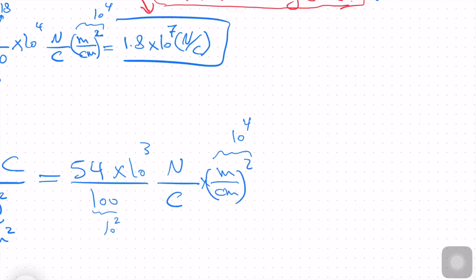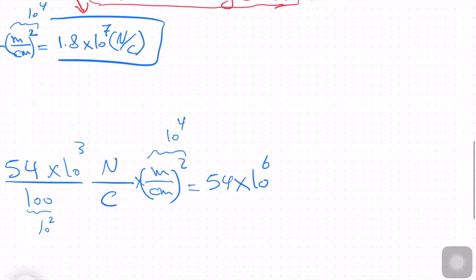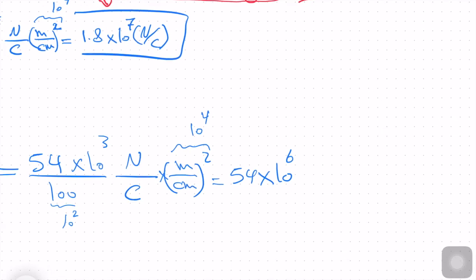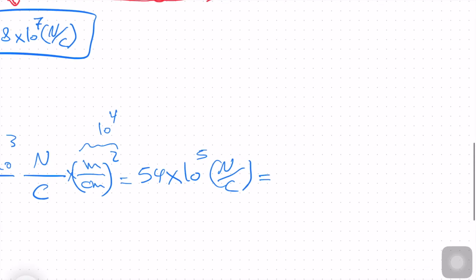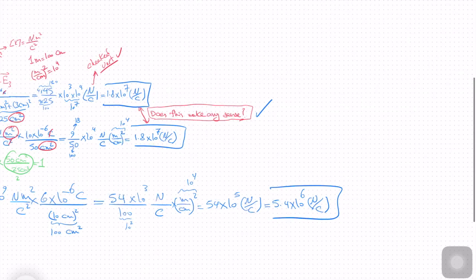This is 10 to 2. So I have 3 and 4, 7 minus that. So it's really 54 times 10 to 6. Sorry, it's 54 times 10 to 5 Newton per coulomb. Or if I want to write this in scientific notation, I would say it's 5.4 times 10 to 6 Newton per coulomb.